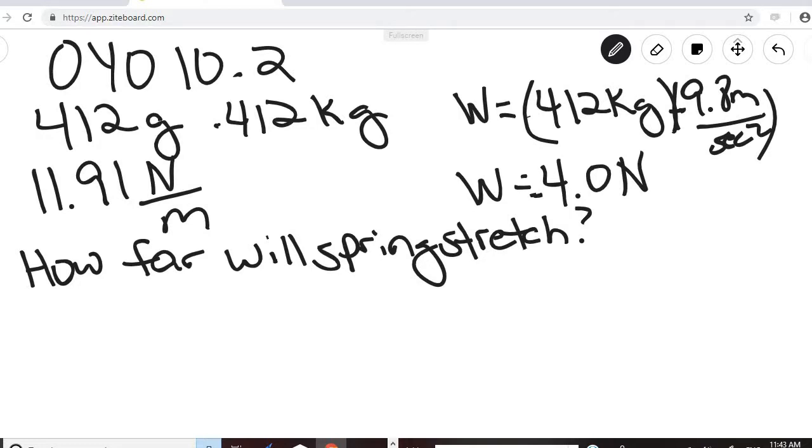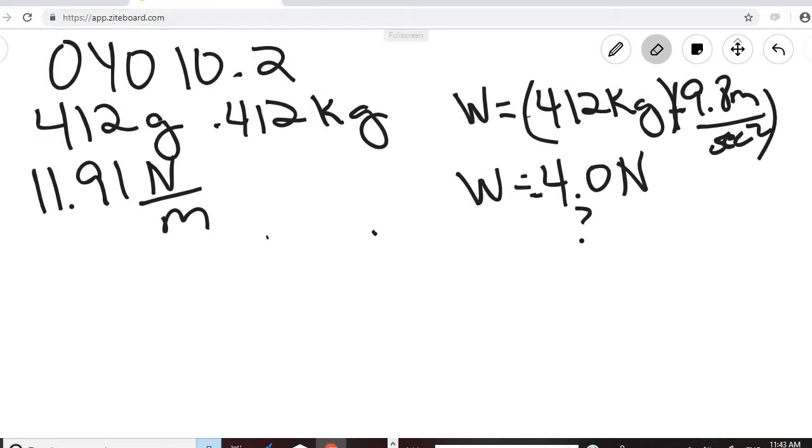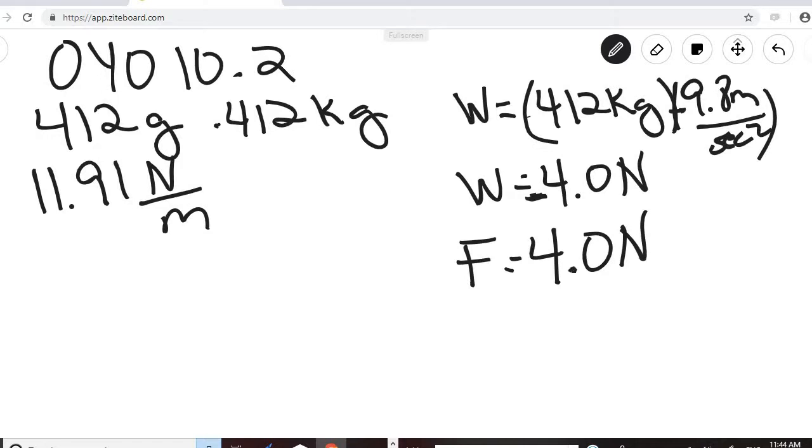So then we know that the restoring force, F, will be the same value in a positive direction, because that's the force that will be applied to try to get that spring back to its equilibrium position. So we'll go back to our equation.